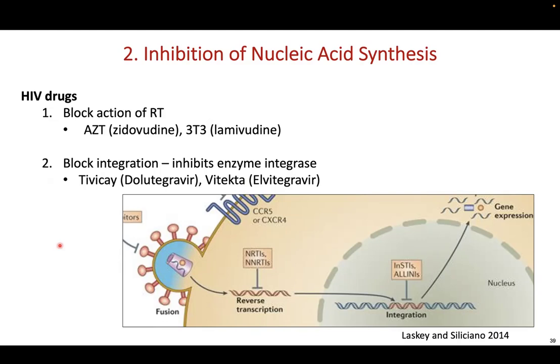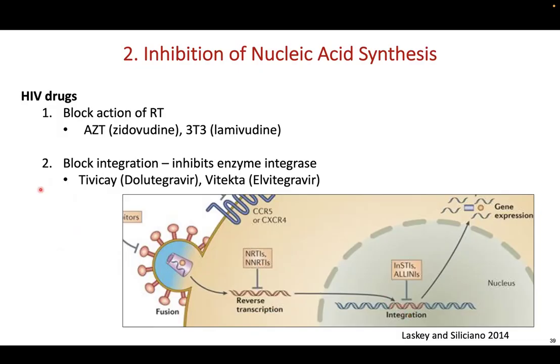Under these classes of antiviral drugs that inhibit nucleic acid synthesis, the first one is to block the action of reverse transcriptase, as I've talked about. The second one is to block integration, or inhibit the enzyme integrase. Once the reverse transcription is done, the viral DNA has to get incorporated into the host genome.